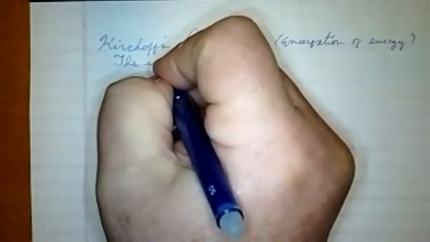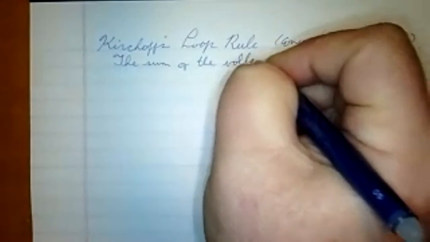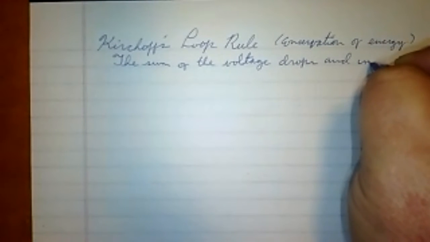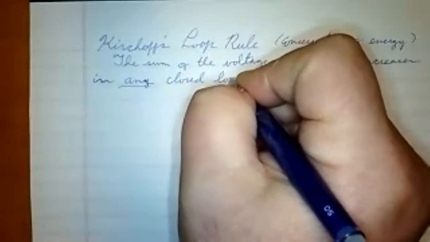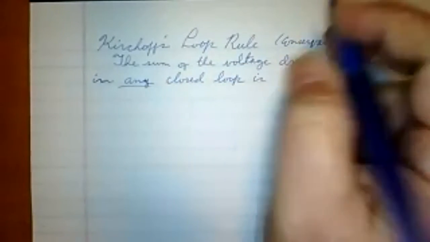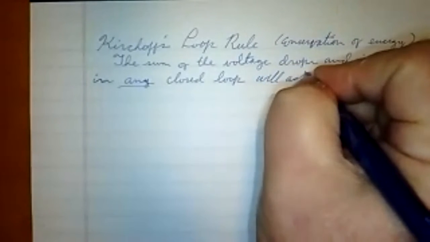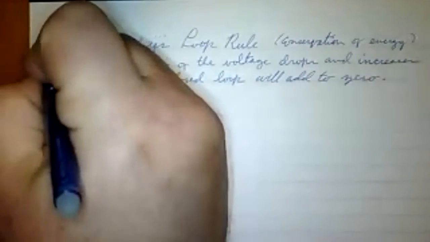And what he says is the sum of the voltage drops and increases in any closed loop will add to 0. So that's Kirchhoff's loop rule.